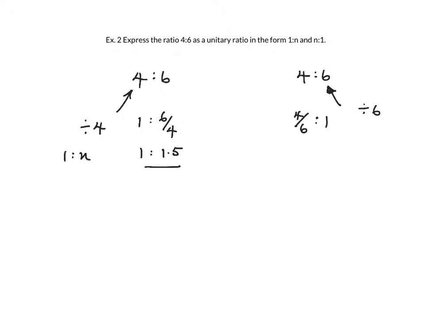We really want to give that in its simplest form. 4 over 6 is 2 over 3 to 1. Now that would be acceptable as a fraction. If you put 2 divided by 3 into your calculator, you'll get the answer 0.666 recurring, or 0.67. It might be acceptable to write it as a decimal, like so. And that's the unitary ratio in the form n to 1, where the second number is 1.